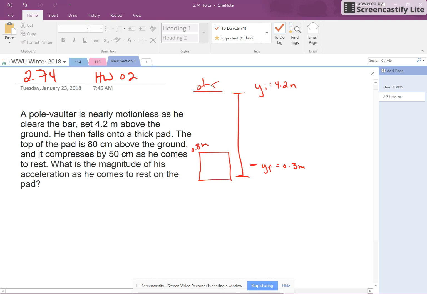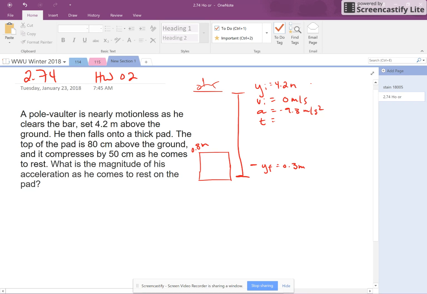Unfortunately, you can't just go from this initial height to this final height as it is, because there are two separate pieces of the motion. The first piece is while the pole vaulter is in free fall. It starts at 4.2 meters with a velocity of 0 meters per second, while he's in the air experiencing an acceleration of negative 9.8 meters per second squared.